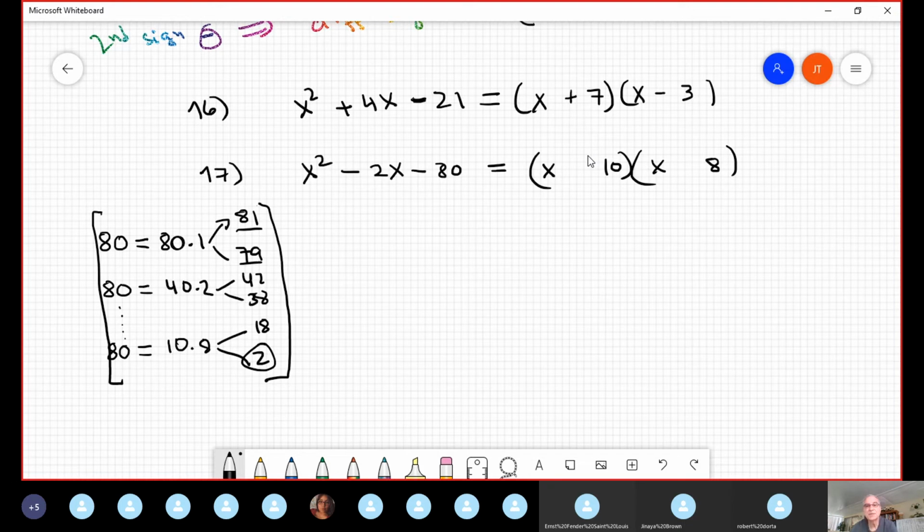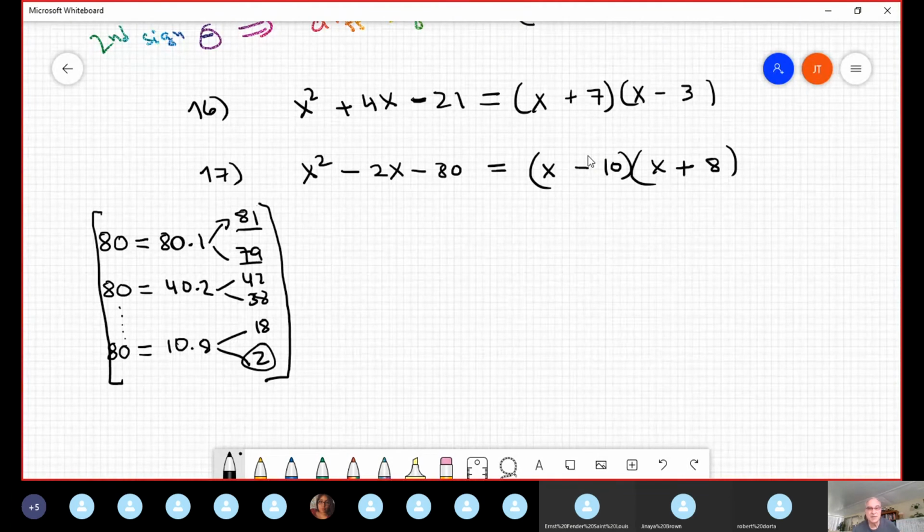What about the sign? What do you think about the sign? Same sign or different sign? Different. Who is positive? Who is negative? X plus 10 is positive. 10 is negative. And 8 is positive.